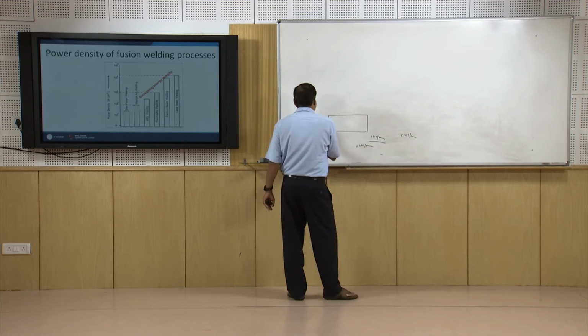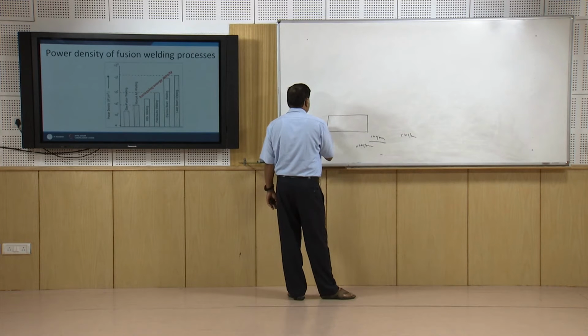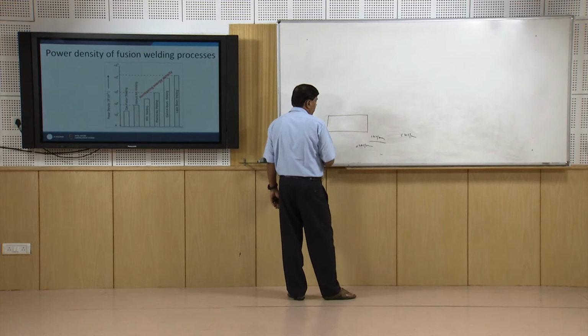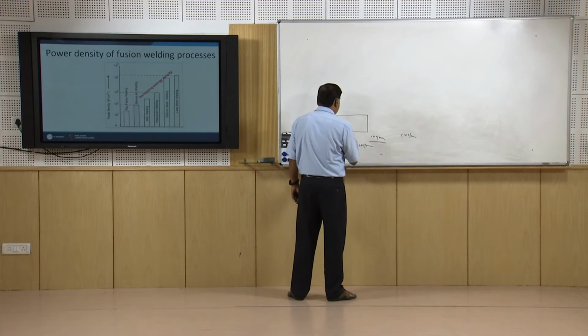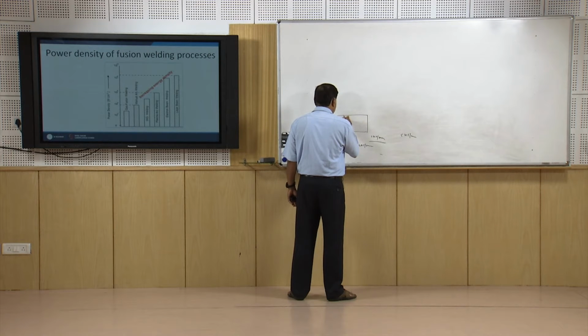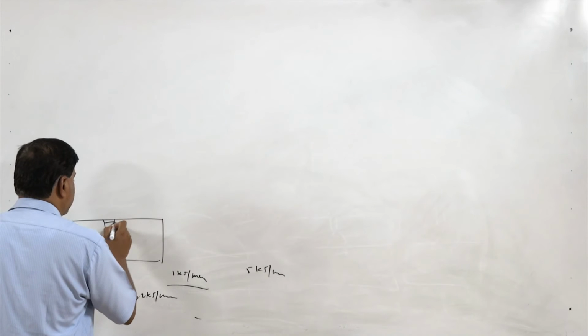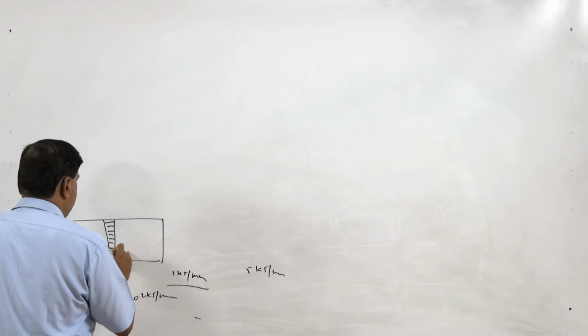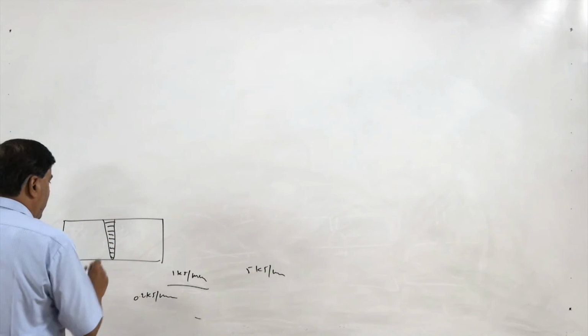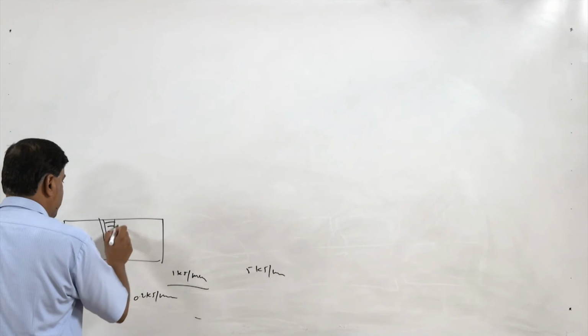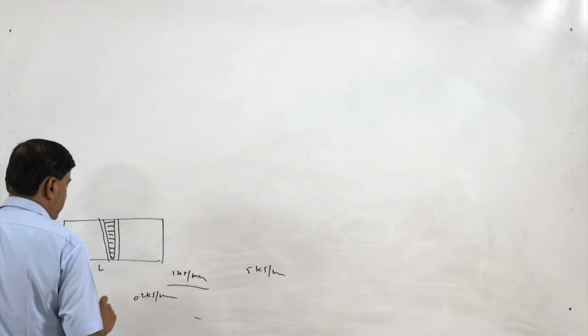Say this is a 3 mm, or say a 5 mm sheet being welded. If we work with a low heat input, then the weld size is very small, and the related heat affected zone size is also very limited.